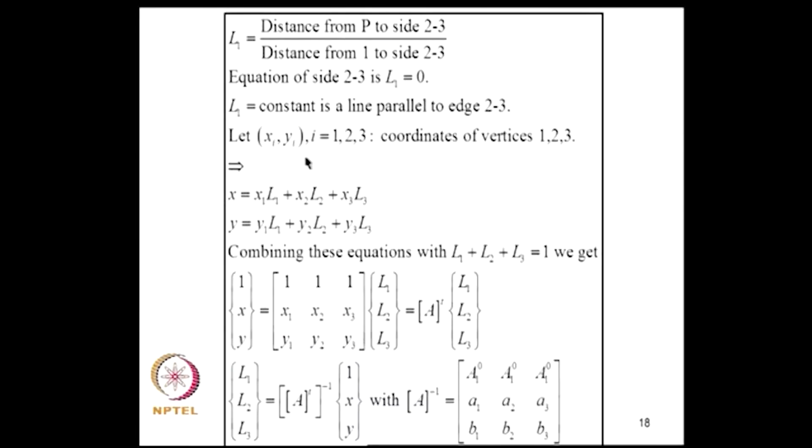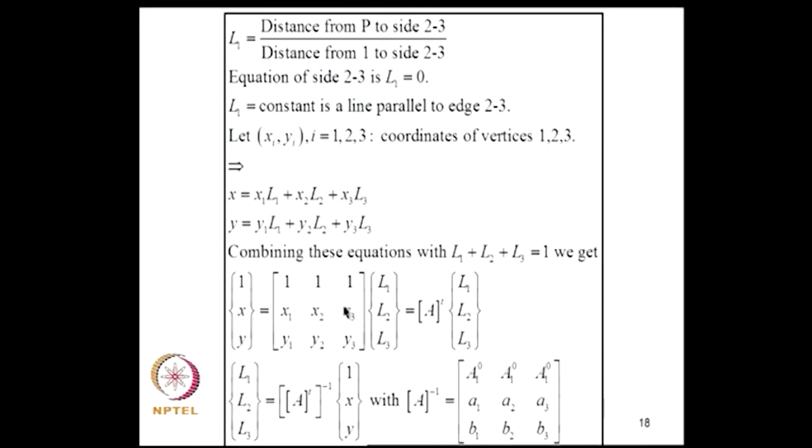So, let xi, yi, i equal to 1 2 3, be the coordinates of vertices 1 2 3 in the Cartesian coordinate system. We can show that for any point in the domain with coordinates L1 L2 L3, the x coordinate can be obtained by using this formula and y can be obtained using this formula. So, now we have L1 plus L2 plus L3 equal to 1 and these two relations.